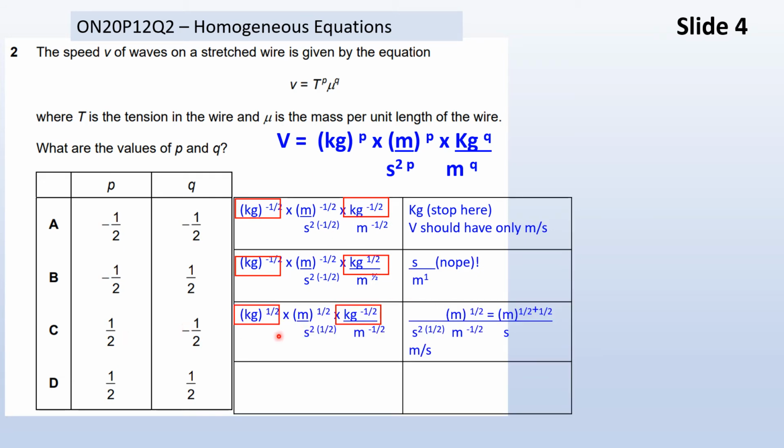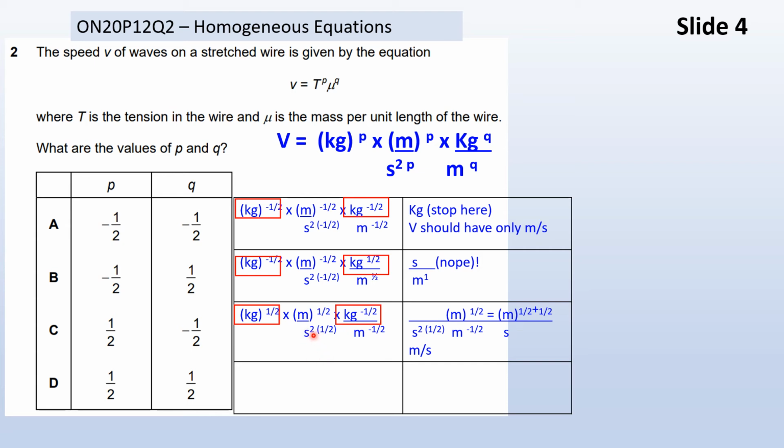On option C, after doing the substitution with the exponents P and Q, what do I have? Okay, so here I did a little bit more work. Kilograms with kilograms, one is positive, one is negative. So this negative will go to the denominator and cancel out. Great, kilograms is not part of this equation.